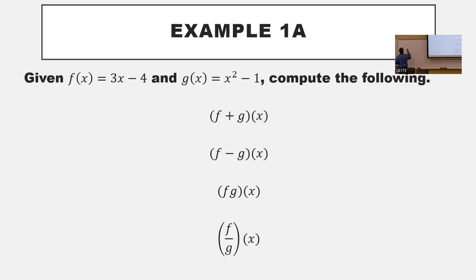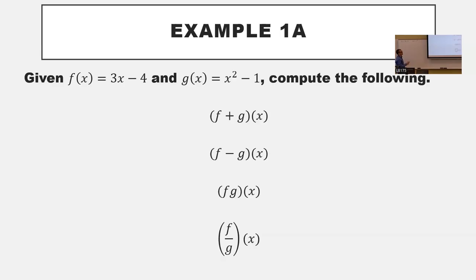So let's take an example. We have f of x equal to 3x minus 4, and g of x equal to x squared minus 1. We'll add, subtract, multiply, divide. When we subtract, we'll do f minus g.